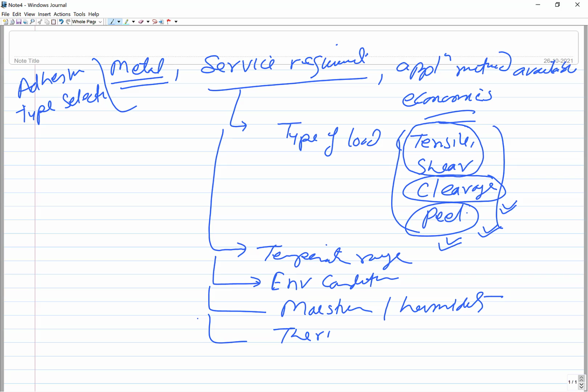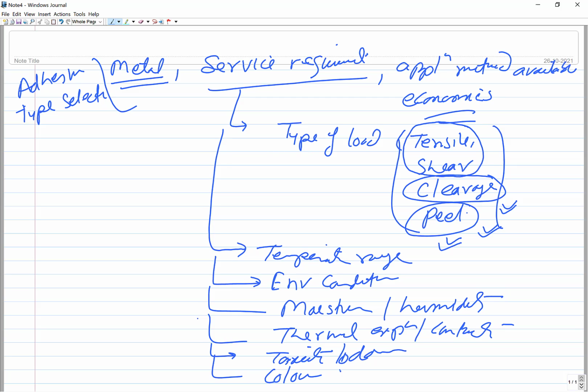Then the thermal expansion or contraction conditions. The other two aspects are related to toxicity or odor, if there is any. Then the next one is color match or mismatch, as per the case.